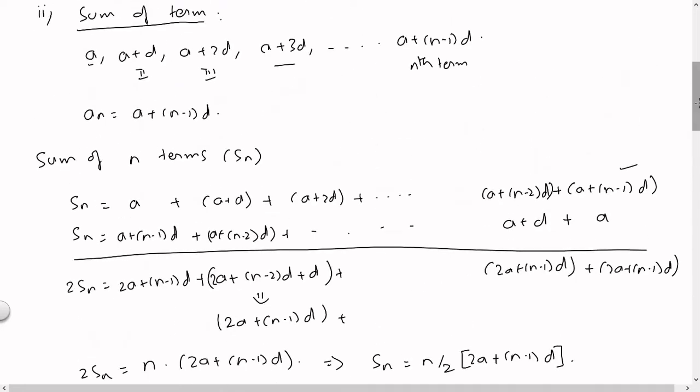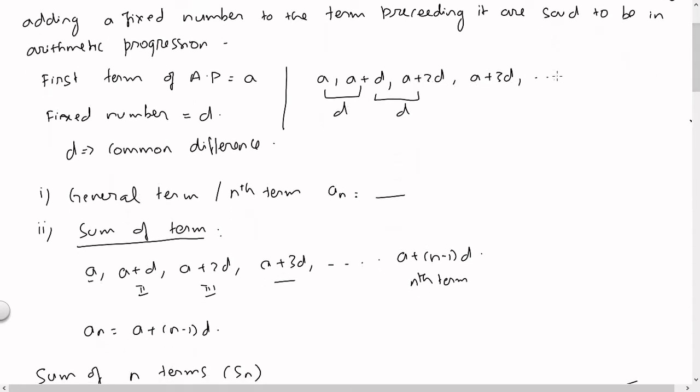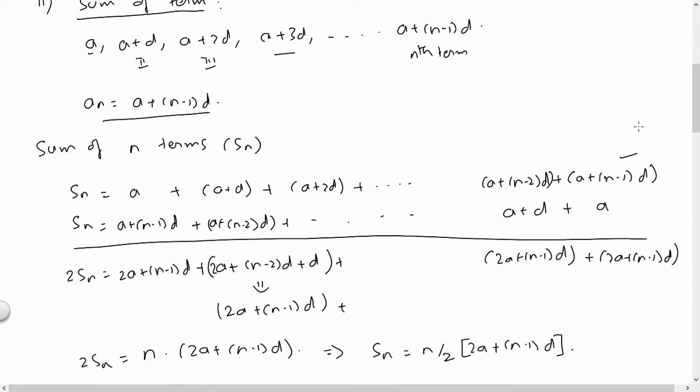So far what we have seen is the definition of an arithmetic progression and how the terms of an arithmetic progression will be. Then we have seen what is the nth term of an arithmetic progression, which is an is equal to a plus n minus 1 into d. Then we have determined the sum of n terms of an arithmetic progression.